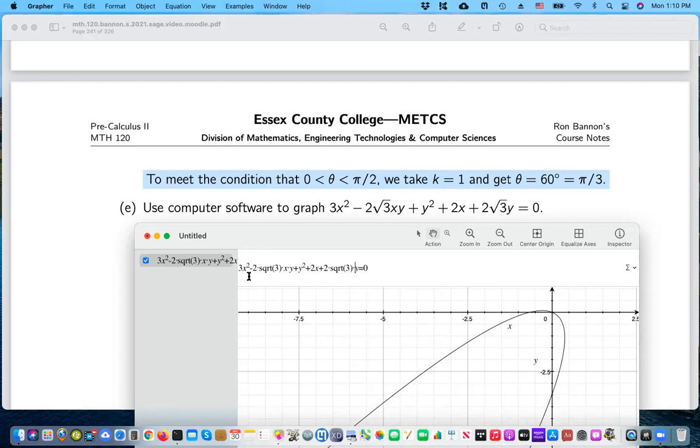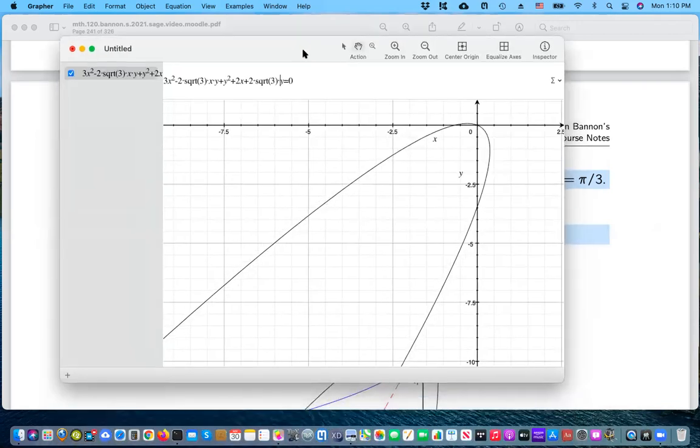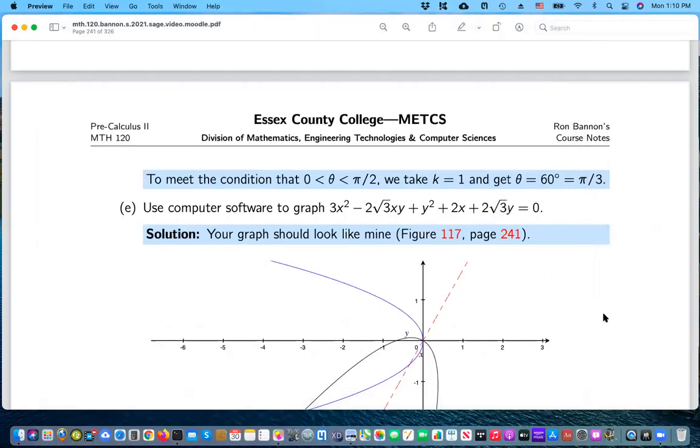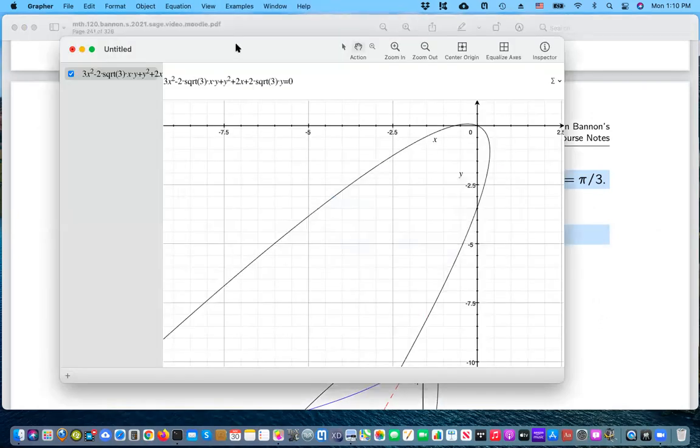Let me see if I did it. 3x squared minus 2 square root of 3 xy plus y squared plus 2x plus 2 square root of 3y. Let me go back to my graph. I'm going to look at it more carefully, again just looking at the rotated parabola. That's all I'm looking at. And I want to just pull this over here.